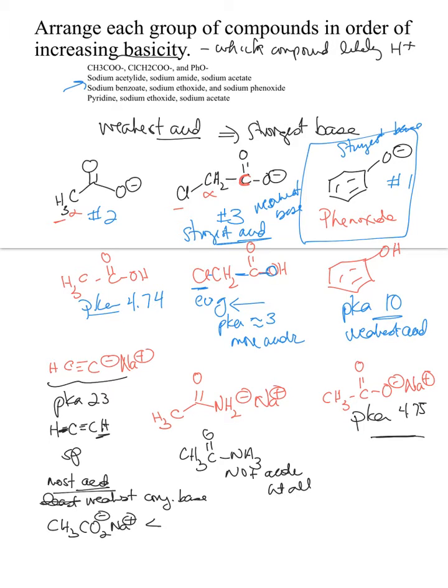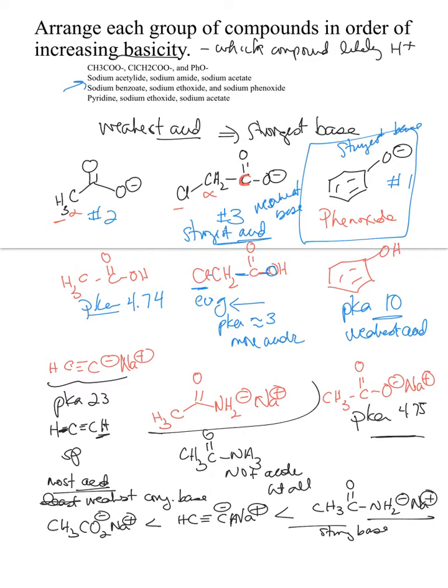And then you'd have to go to the sodium acetylide, and then the strongest base would be this sodium amide. And we talked about sodium amide, how this is a great base for deprotonating the acetylides. That was a base we used.